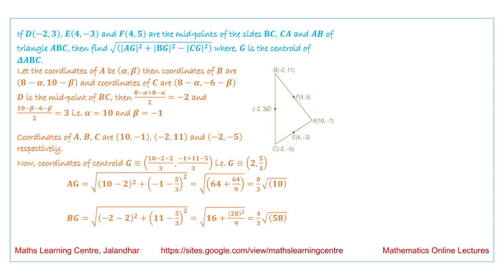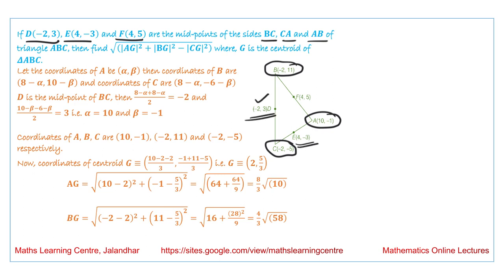Now the next question we have is, if D, E and F are the midpoints of the sides BC, CA and AB of a triangle ABC, these are the sides given to us. This is A, this point is B, and this point is C, and it is given that D has coordinates -2, 3, E has coordinates 4, 3, and F has coordinates 4, 5.